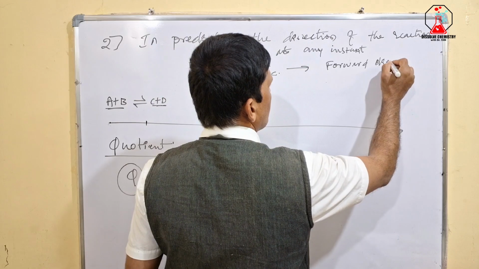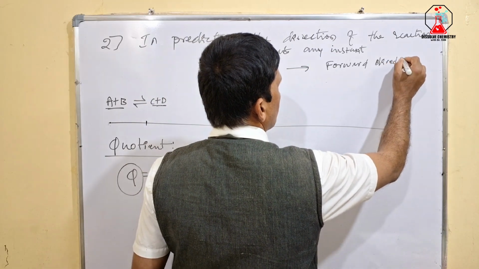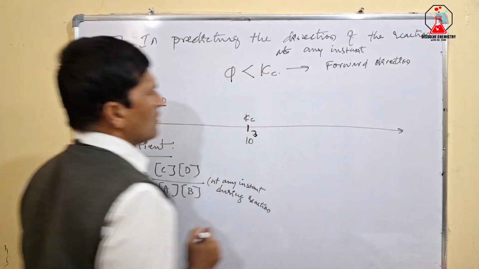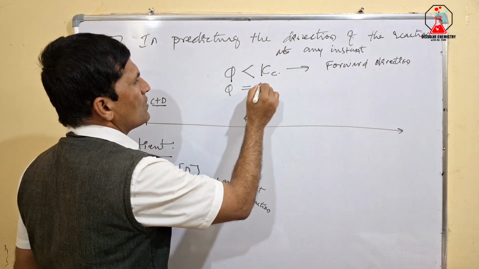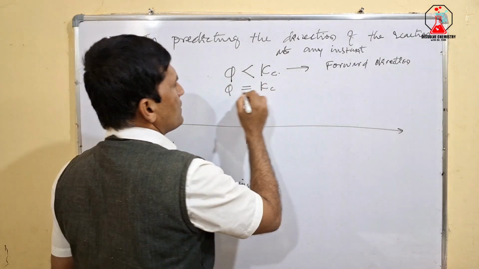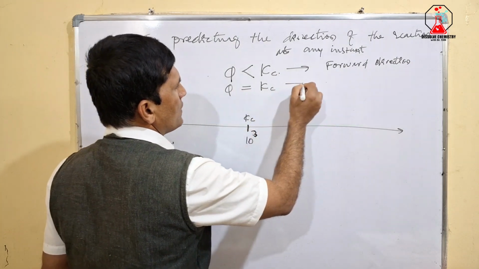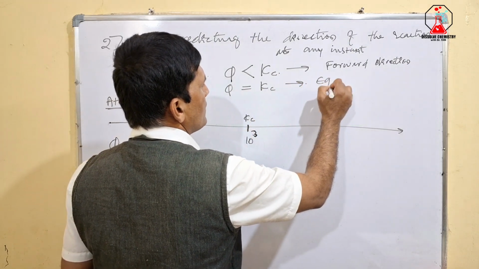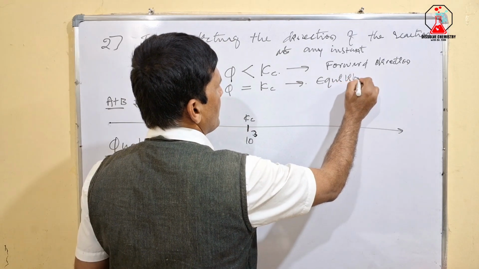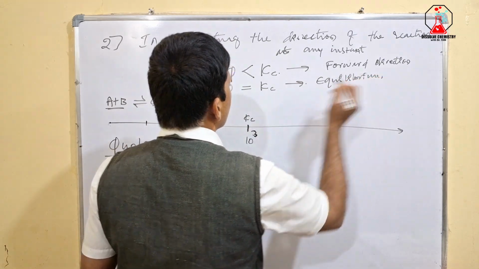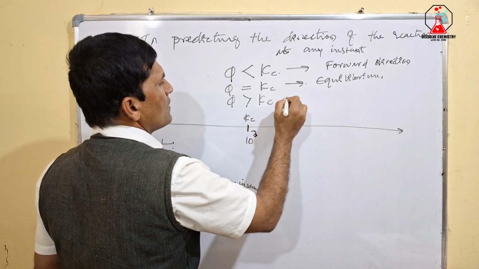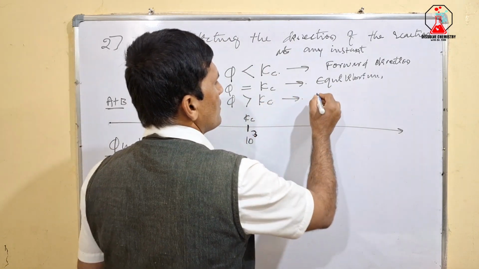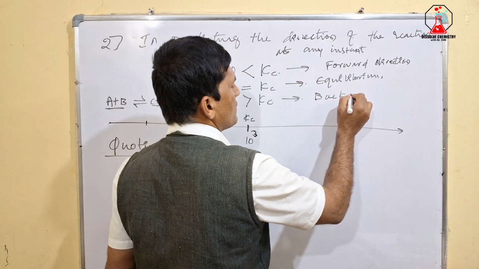If Q is equal to Kc, then the reaction is at equilibrium. Already the reaction has attained equilibrium. Now if the Q value is greater than Kc, then the reaction will be in the backward or reverse direction.